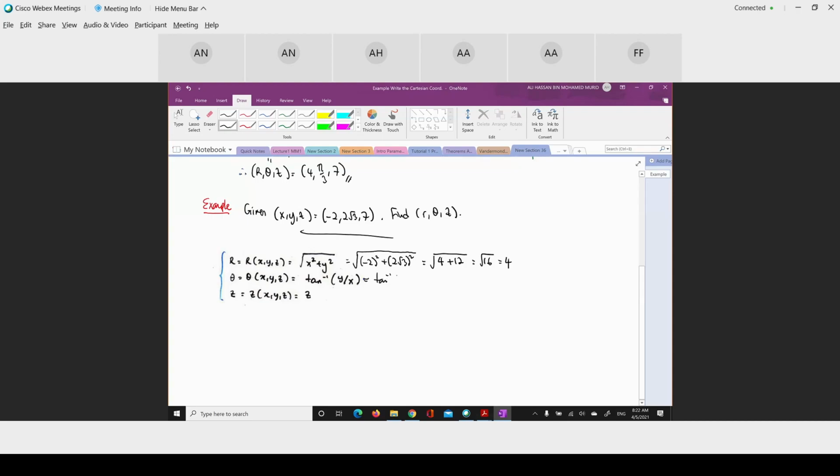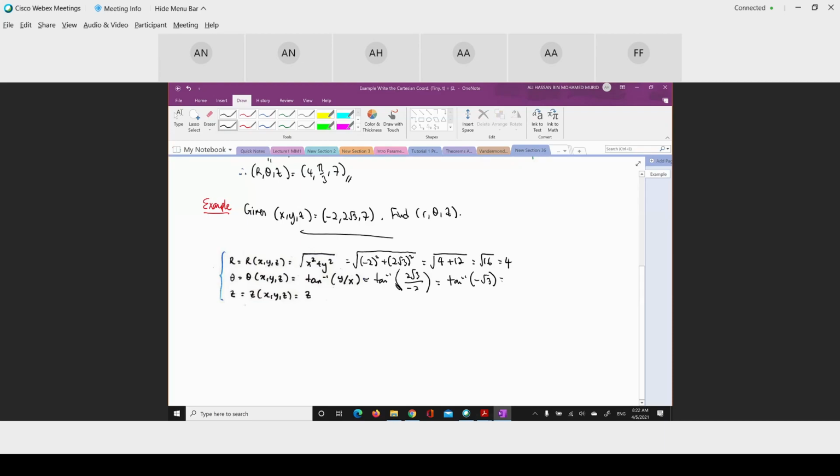What about the inverse tangent? Here we have 2 square root 3 divided by -2, which is the inverse tangent of minus square root 3.